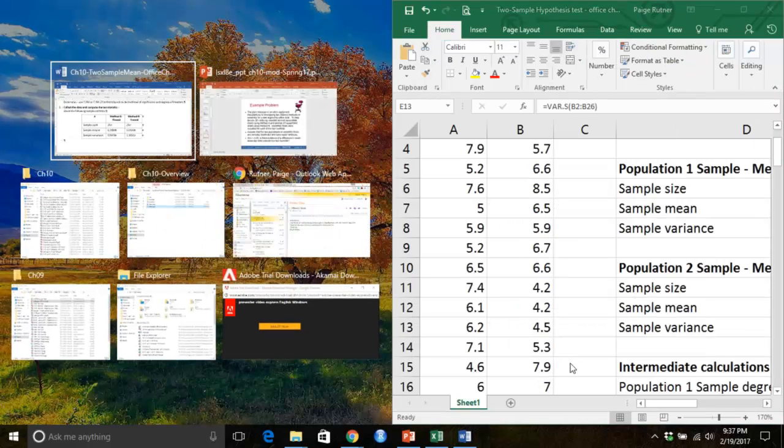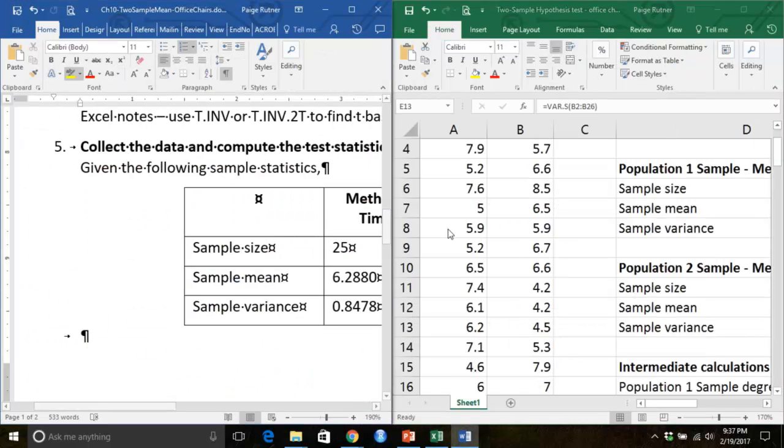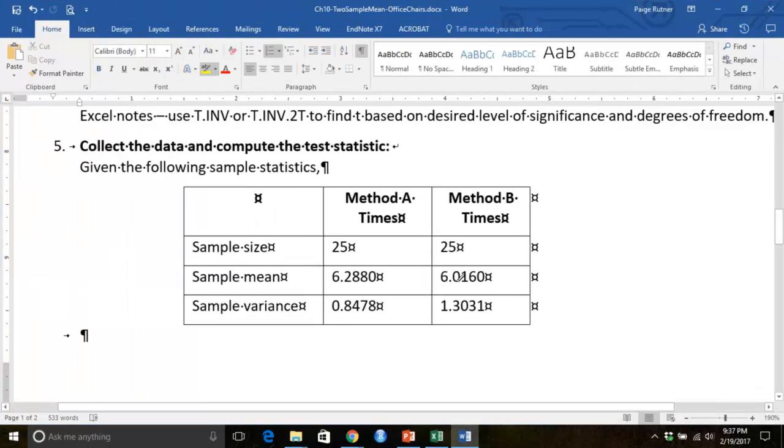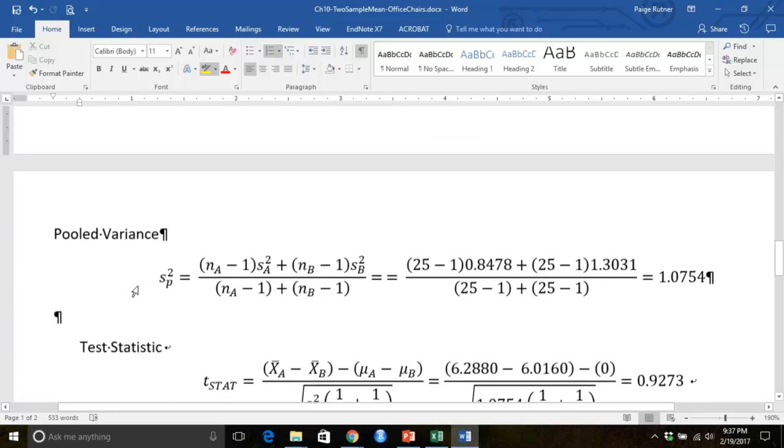I'm going to just move that over to the side and take a look here, and you can compare and see I just picked up those numbers and recorded them in this table in the write-up for my solution. So same numbers. All right, let's go back to the solution write-up here, and move on.